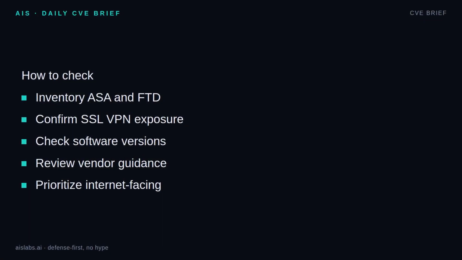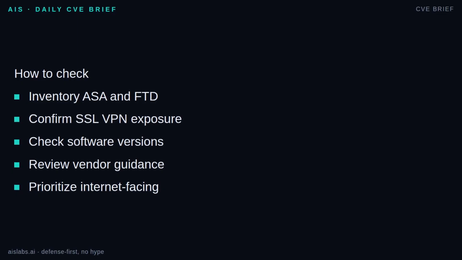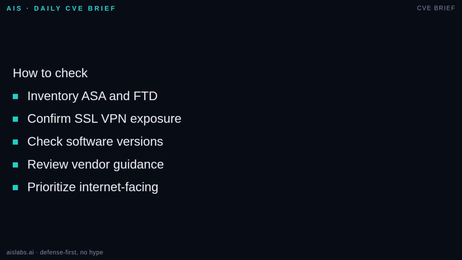Start with asset inventory. Find every Cisco ASA and Cisco FTD device you operate, including primary, secondary, lab, disaster recovery, and managed service deployments. Then identify whether remote access SSL VPN is enabled and whether that service is reachable from untrusted networks.